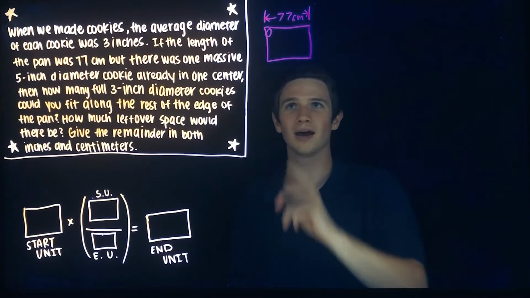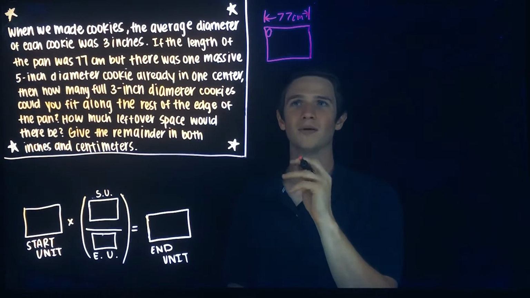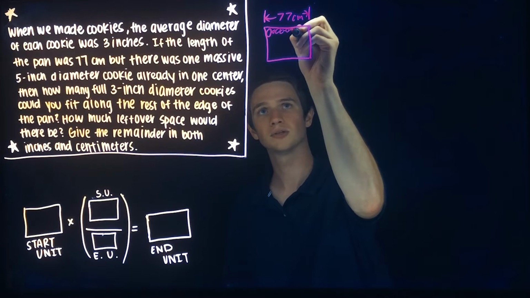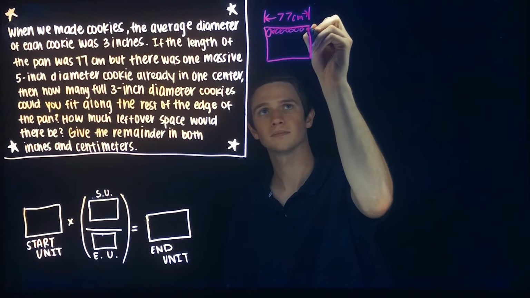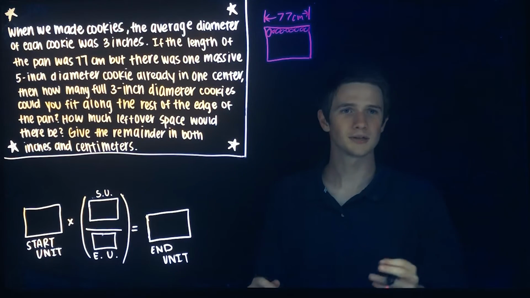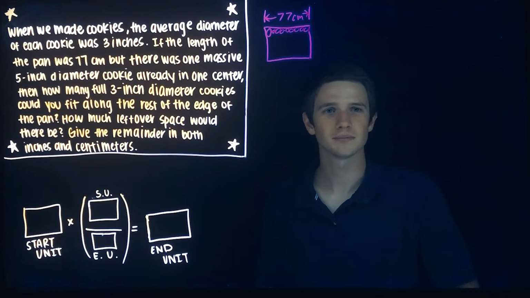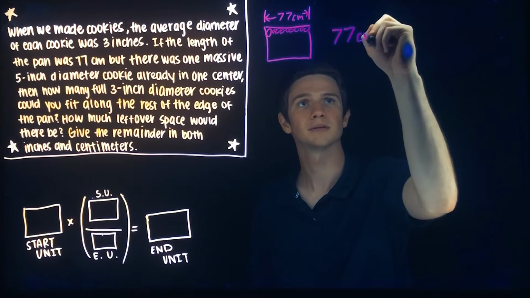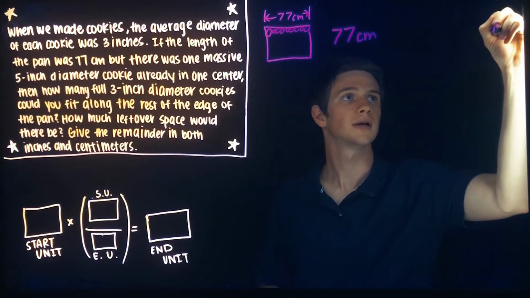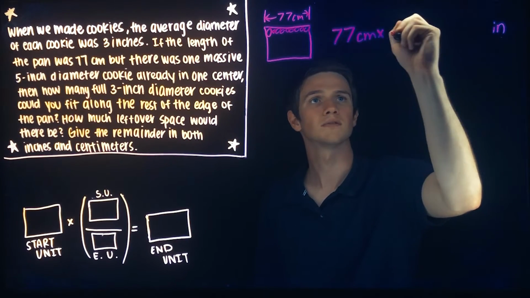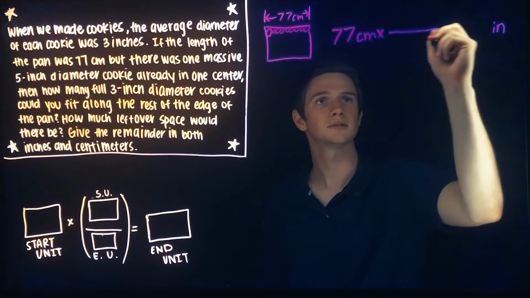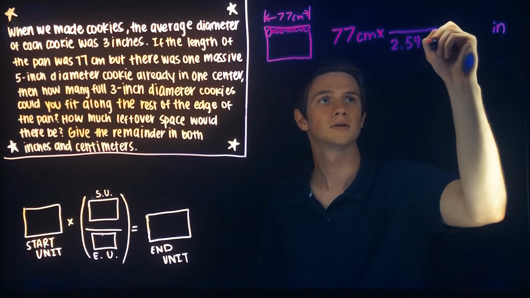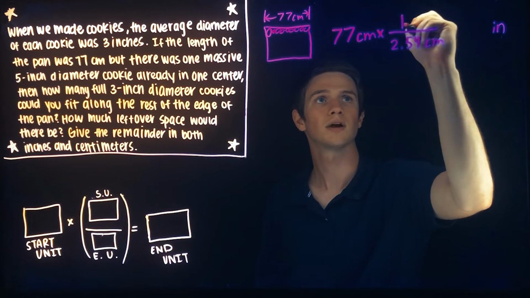We're trying to figure out, after that 5-inch cookie, how many 3-inch diameter cookies can we fit in along that edge next to it. So let's start by converting 77 centimeters into inches. 77 centimeters, and our end unit will be inches. So the conversion factor for centimeters to inches is 2.54 centimeters for every 1 inch.